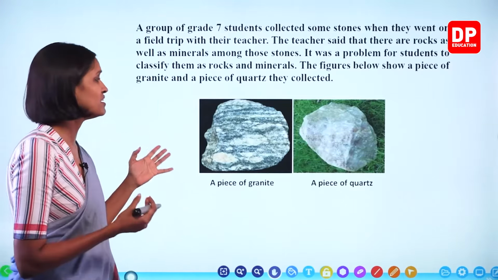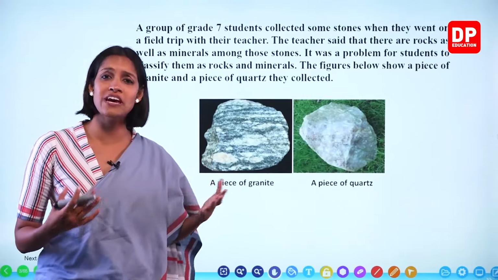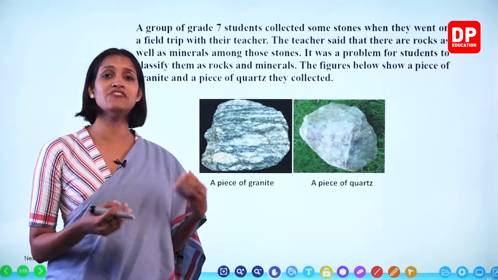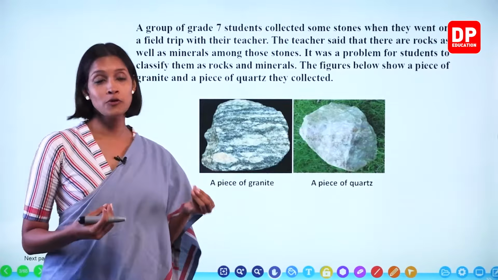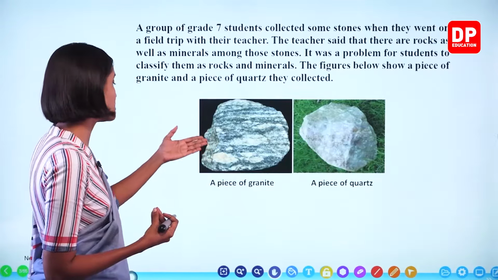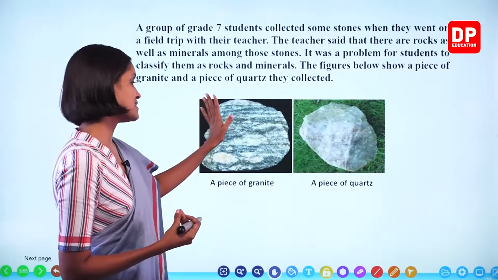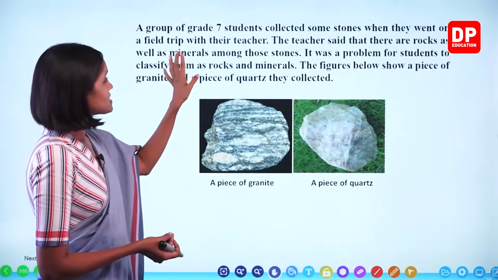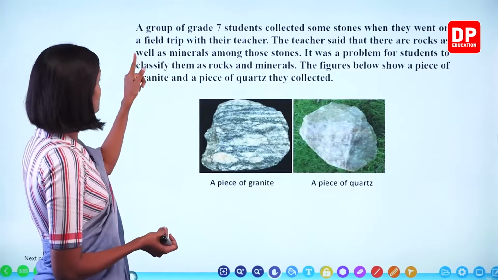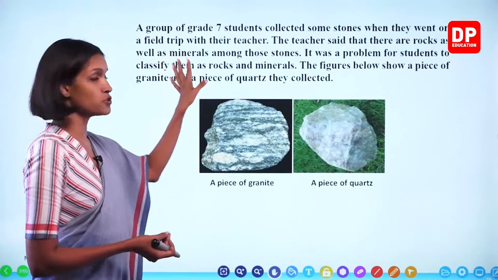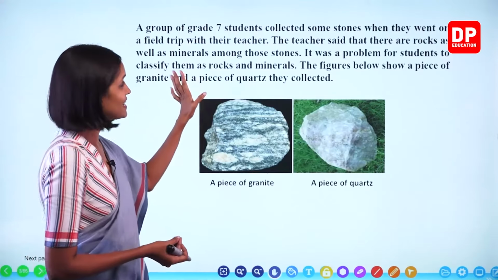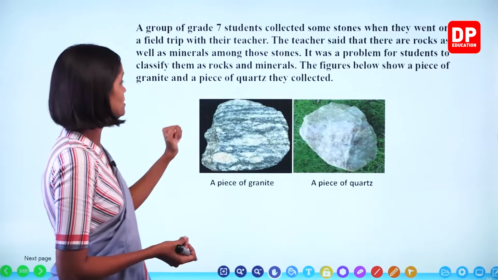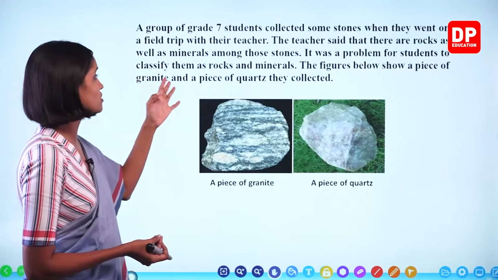When you go on field trips, and also when you play outside, sometimes you see different types of stones. Now this piece of stone is a piece of granite. This is a piece of quartz. The teacher said that there are rocks as well as minerals among those stones. Right? It was a problem for students to classify them as rocks and minerals.